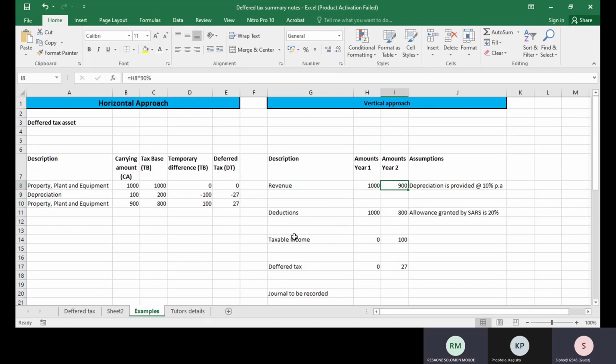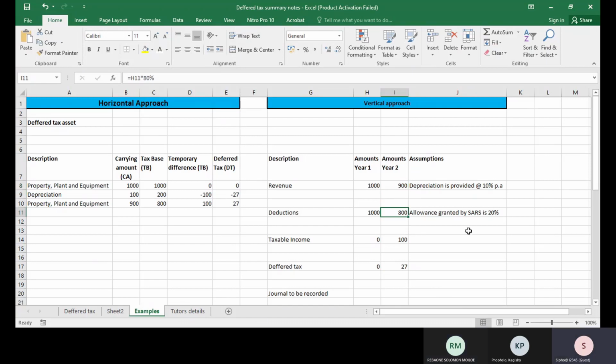This is year 2. Now, let's go to the deduction. SARS is going to give you a deduction. Let's go to year 2. The revenue you're going to generate is 900,000.